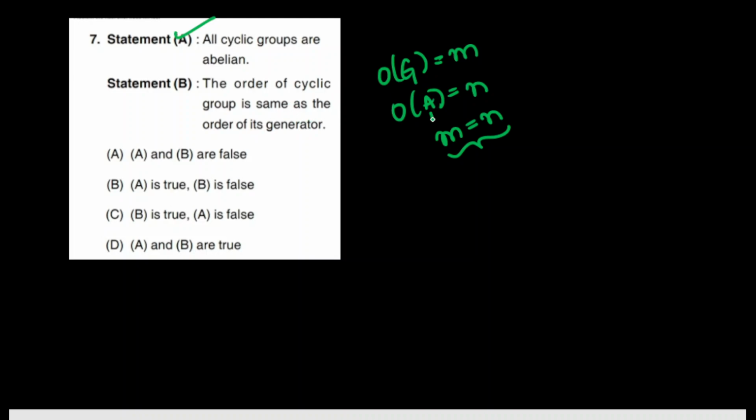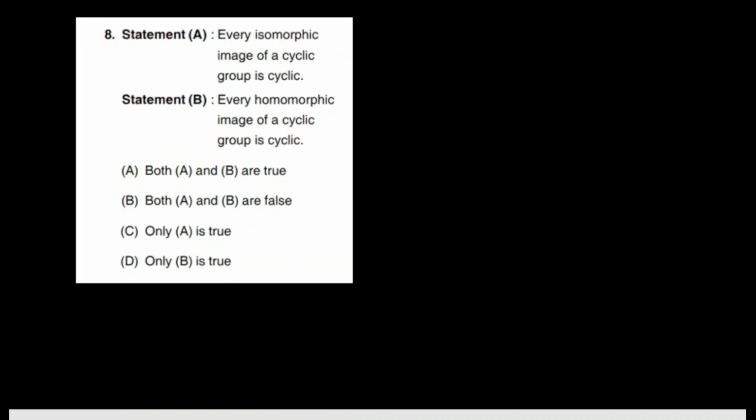If I consider a is not just an element, it is also a generator, like i and minus i. I said these two are the generators of the group i, minus i, 1 and minus 1. So the order of the cyclic group is the same as the order of the generator. So both the statements are true. So which is the right option? Option D is the right option. Statements A and B are true. Let us proceed to the next question.